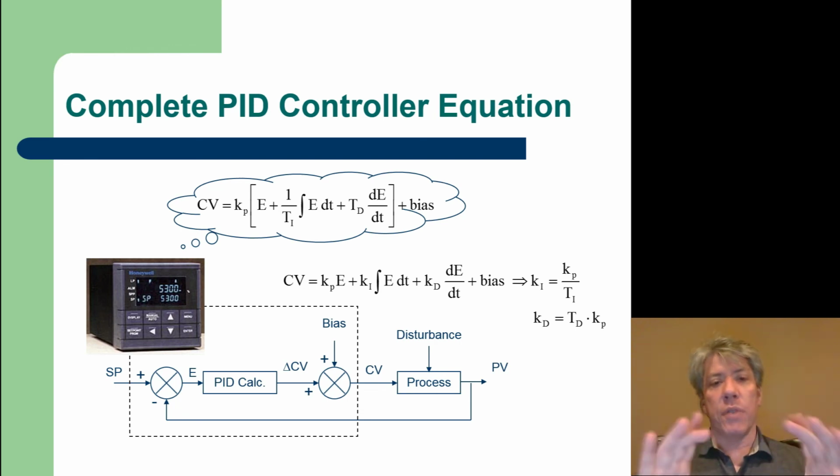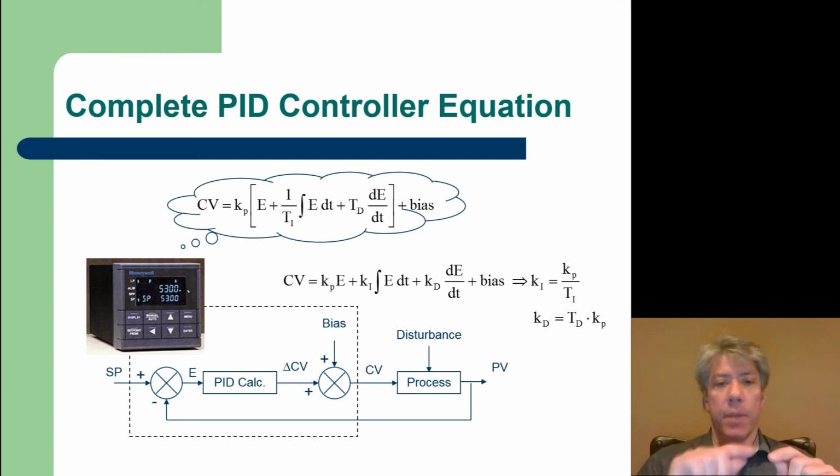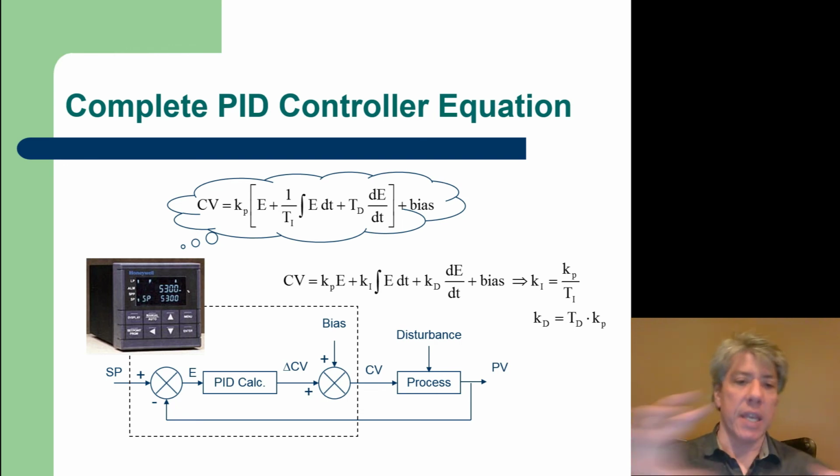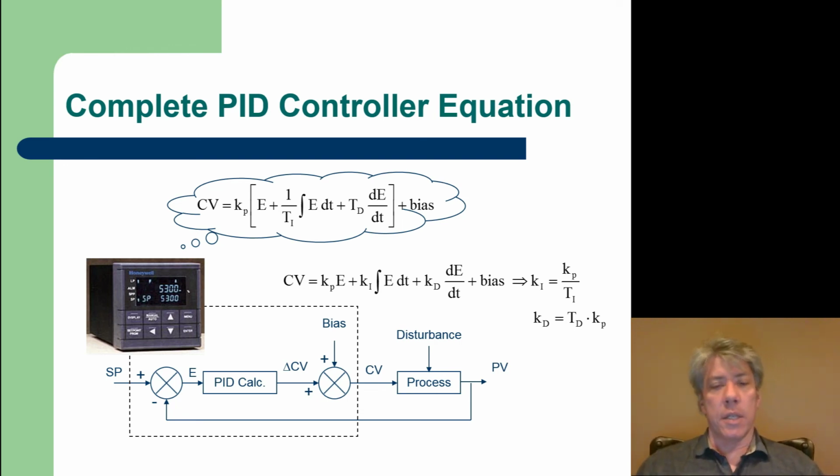Now, all of the stuff you see inside of the dotted line is inside of a standard controller. You enter the set point desired into the controller, and it does the math to take in the signal from whatever sensor you've got, take the difference between the set point and the process variable, and calculate the error.